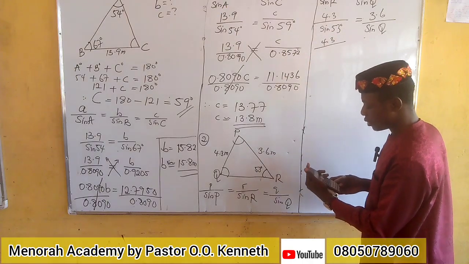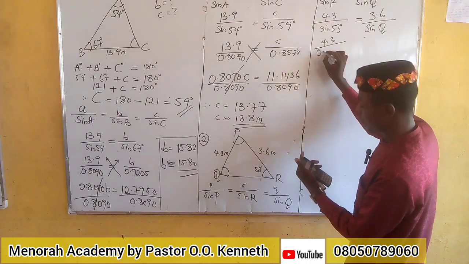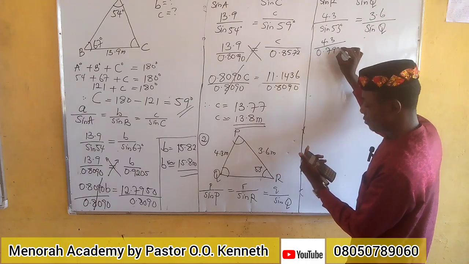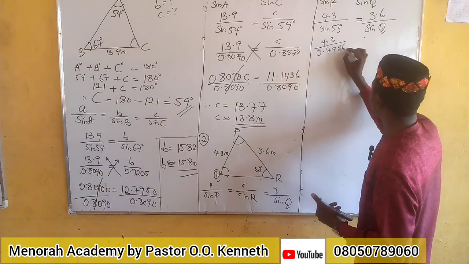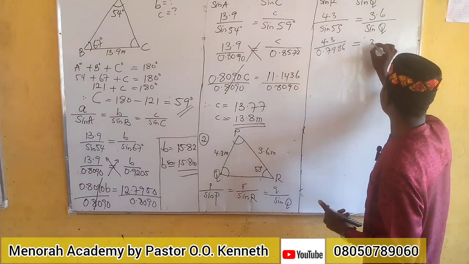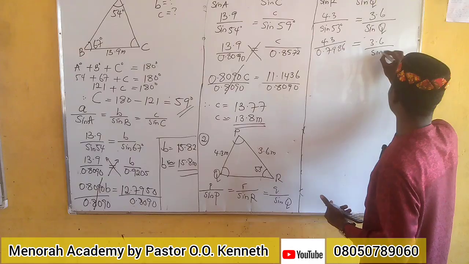Sine 53 is going to give us 0.7986. So this is equal to 3.6 all over sine Q.